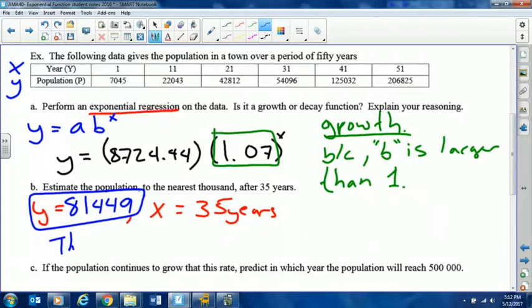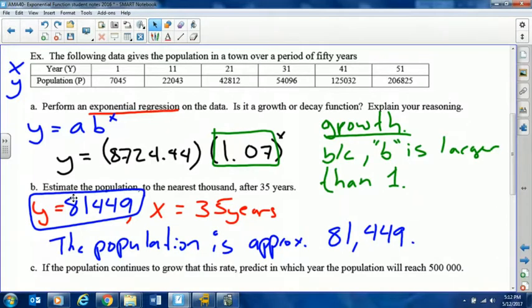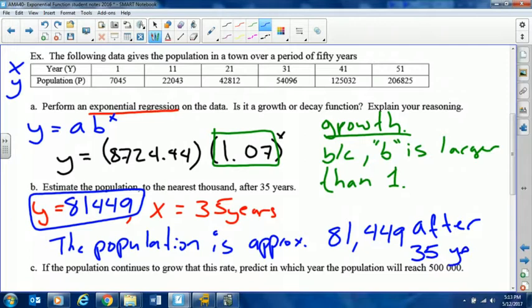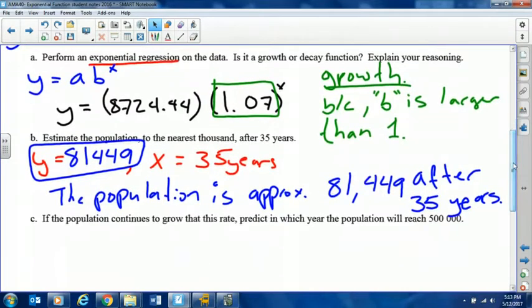So the population is approximately, remember to put approximately because it's not exact, 81,449 after 35 years. All right, so there we go, we have it. It's wonderful. Now let's go on to the last part of this question here, C.